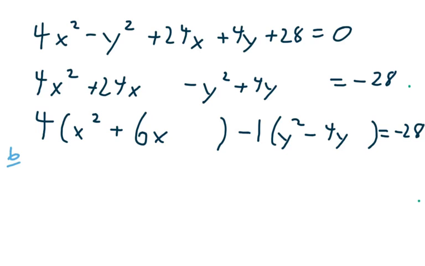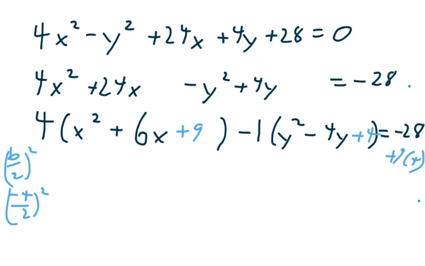For the first parenthesis, I'm going to do 6 divided by 2 squared, which is 9. So I'm going to add 9 times 4 over here. And -4 divided by 2 squared is 4. So I'm going to add 4 over here, and I'm going to subtract 1 times 4 on this side. 9 times 4 and -1 times 4.